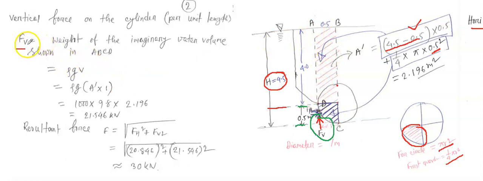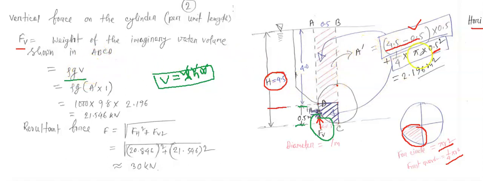Then how to calculate this vertical force? The formula is rho, g, and V, volume. Here we know the volume, if it is a 3D case, equals the length, the height, and the width. So just for proper understanding, we say this is the length, height, and width. So that's the volume.